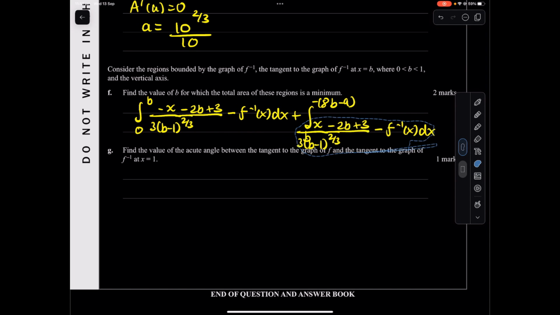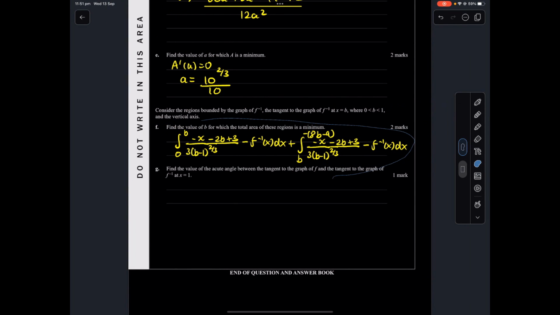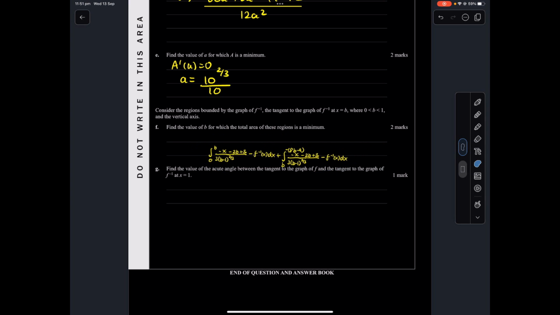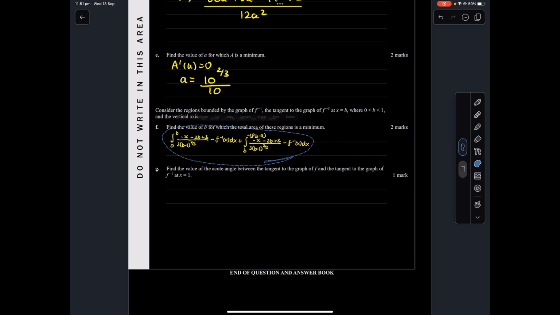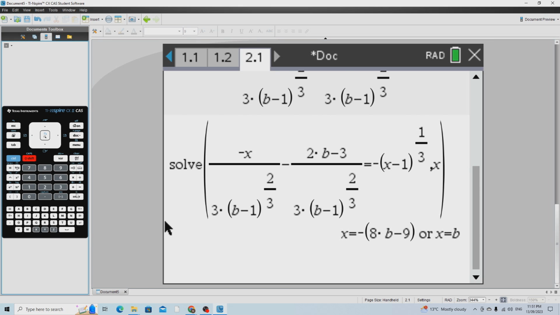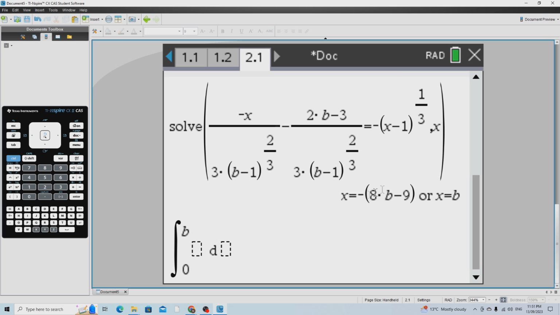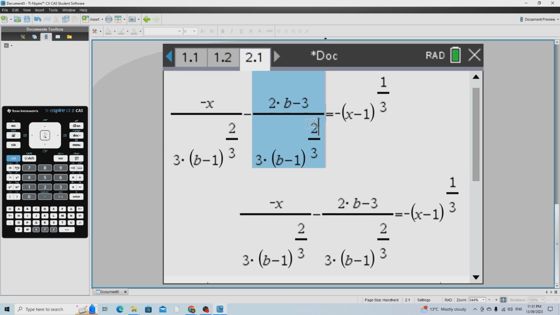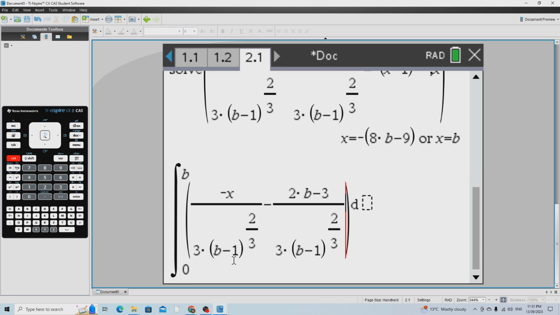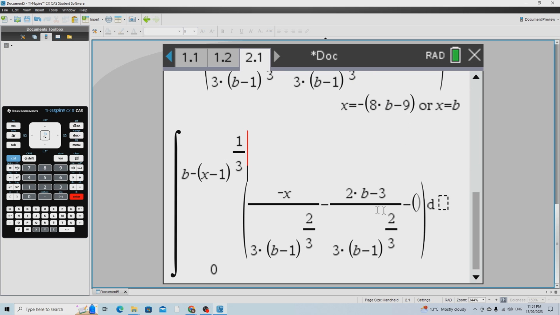Copy, paste. Okay. I'm going to make it so small and put it over here. And so, doing that, let's write that on a calculator: from 0 to b of this function minus this over here.